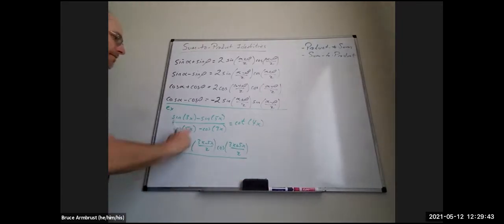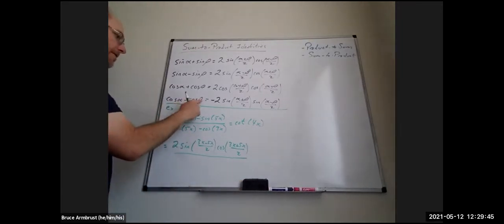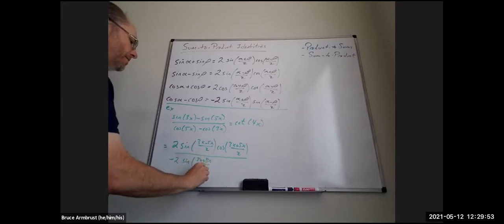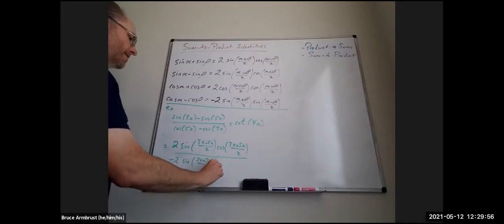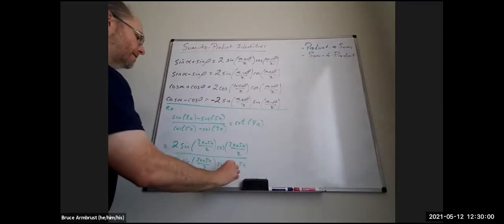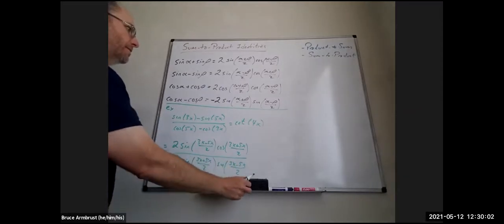And then on the bottom, do the same thing for the difference in cosines: I'm going to get a minus 2 times the sine of (3x plus 5x) over 2, times the sine of (3x minus 5x) over 2.